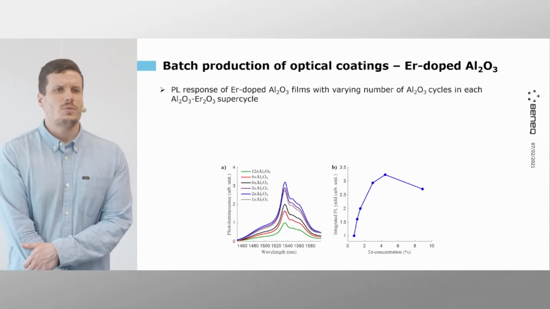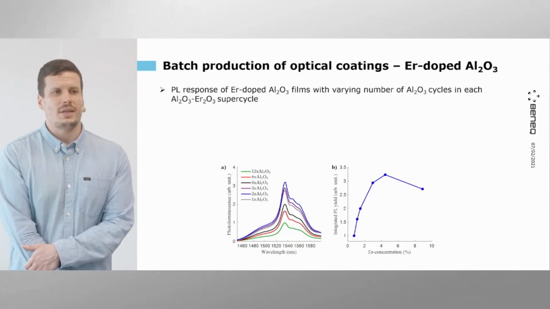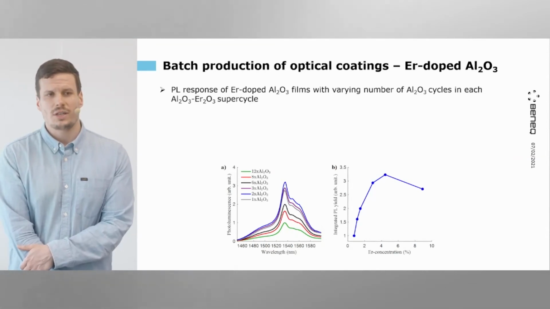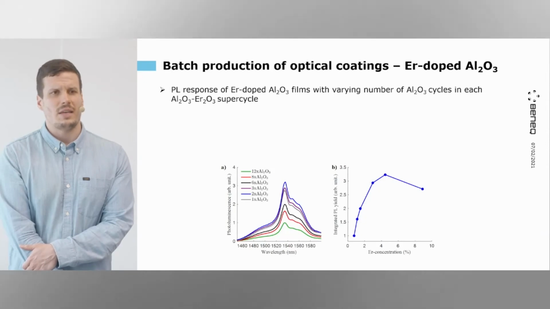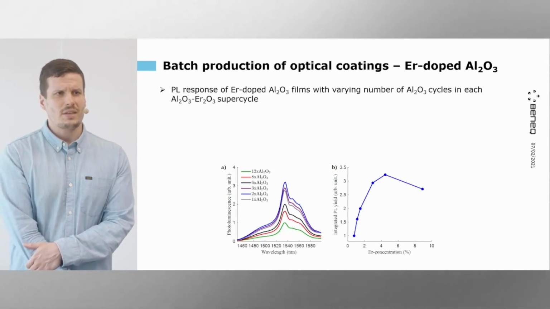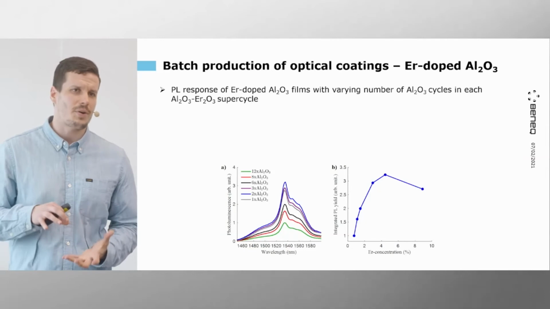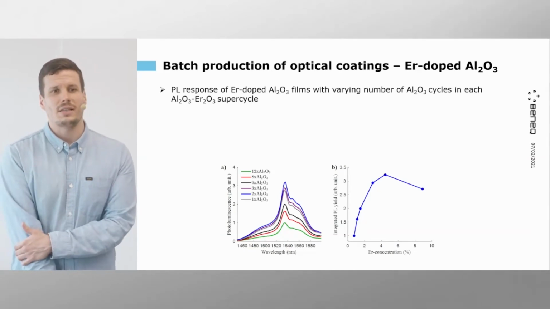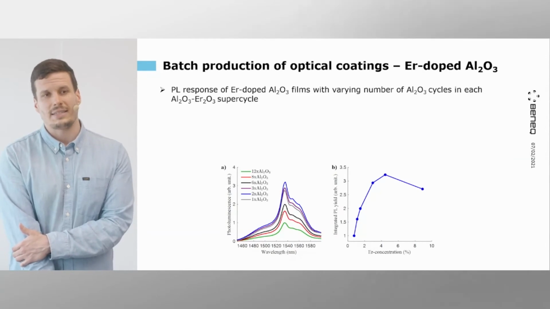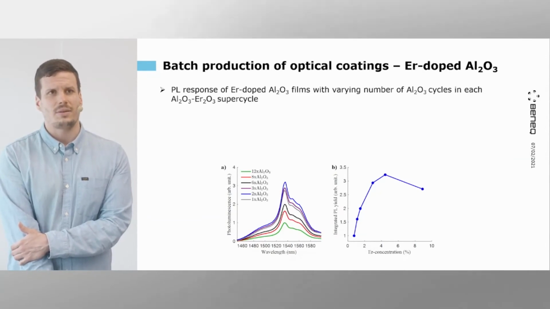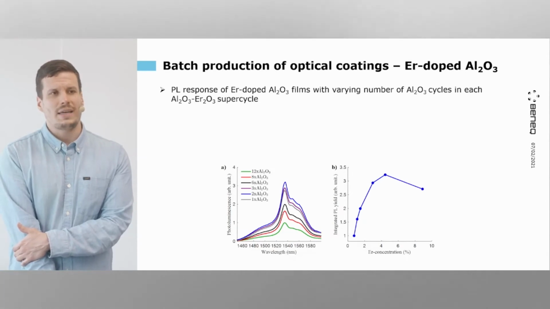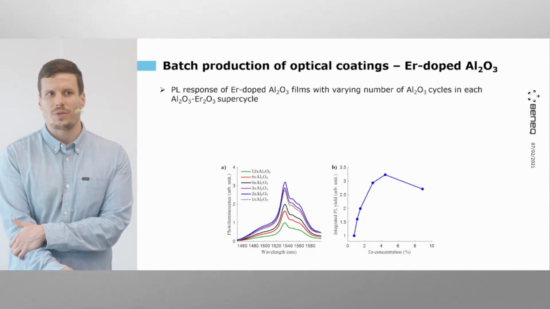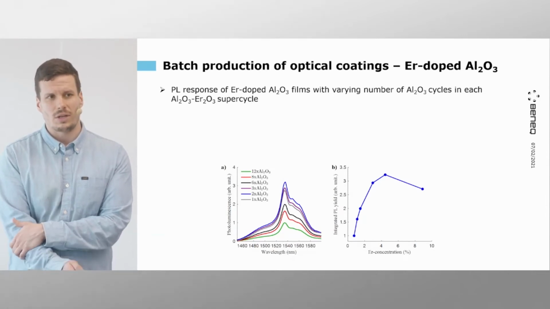So once we start to decrease the distance between the erbium ions too much, we start to get diminishing returns. So this means that there is not enough separation between the erbium ions in the vertical direction, and the result is less efficiency in the laser crystal. So this basically allows us to completely optimize our laser media, which is a very important feature of the ALD technology as well.